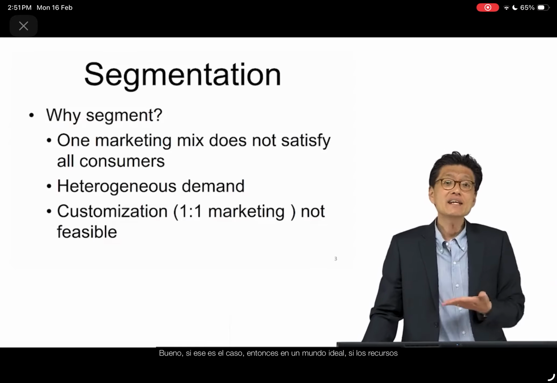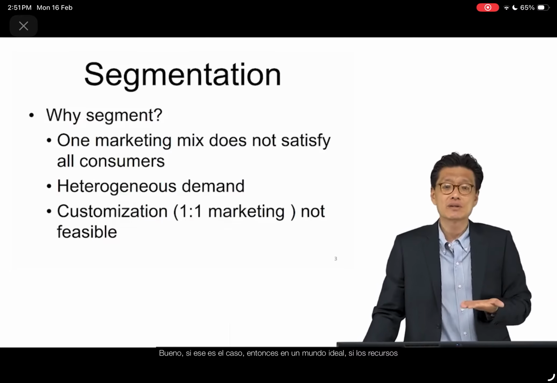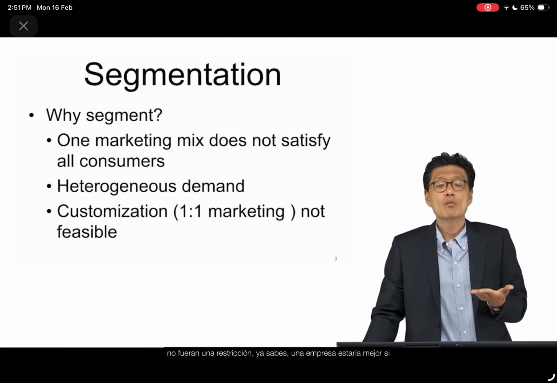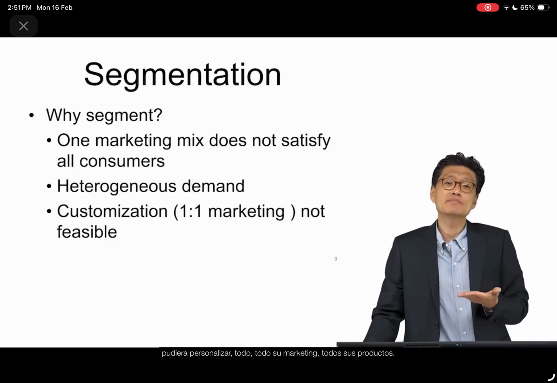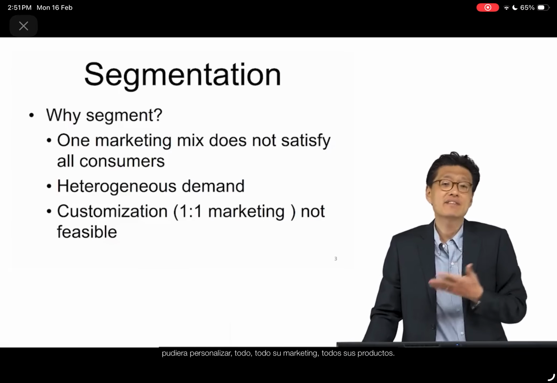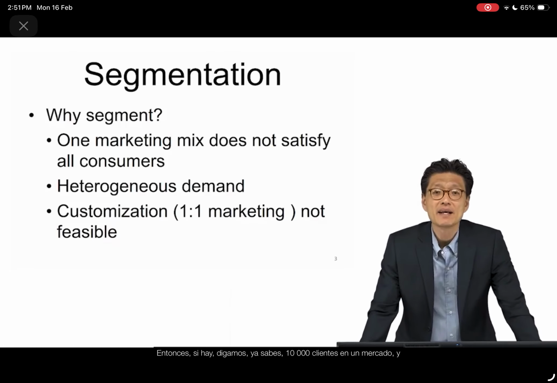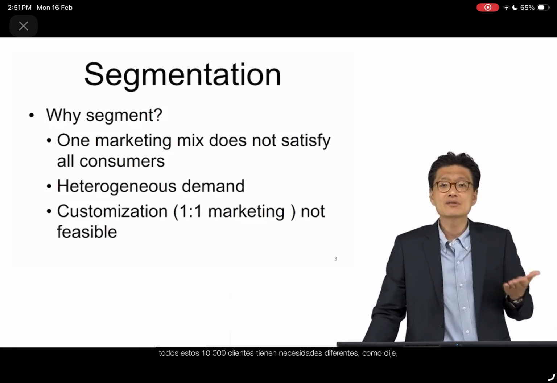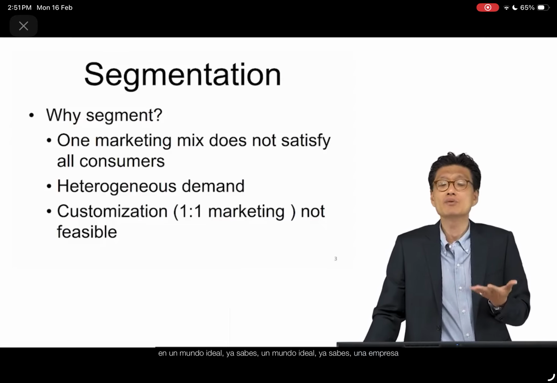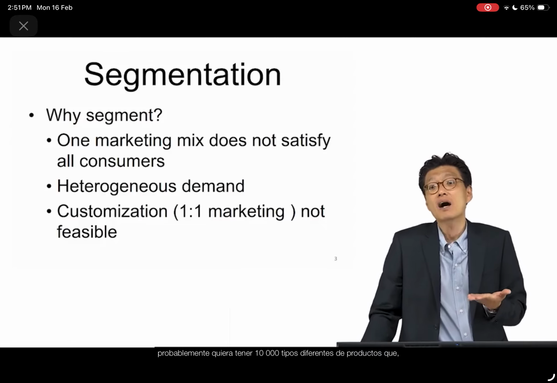Well, if that's the case, then in an ideal world, if resources were not a constraint, a company would be best off if they could customize everything, all their marketing, all their products. So if there's, let's say, 10,000 customers in a market, and all these 10,000 customers have different needs, in an ideal world, a company would probably want to have 10,000 different types of products.